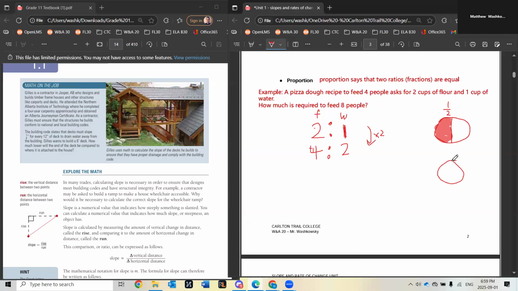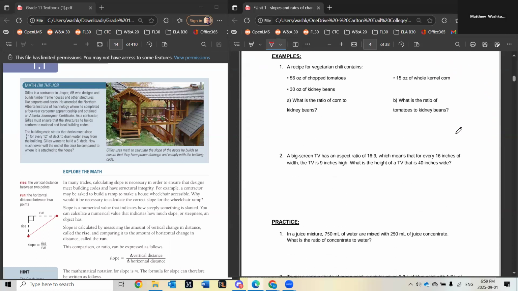But what if I cut it into quarters, but I still have the same amount of pizza? Well, it is 2 over 4. 1/2 and 2 over 4 are the same thing. In both of these cases here, you have the same amount of pizza.